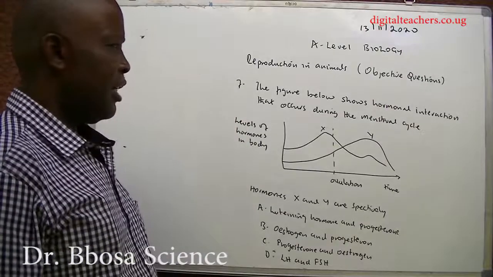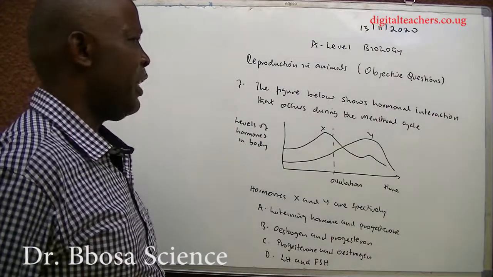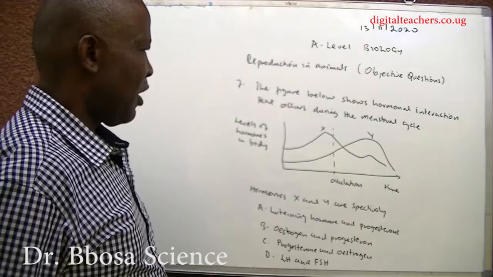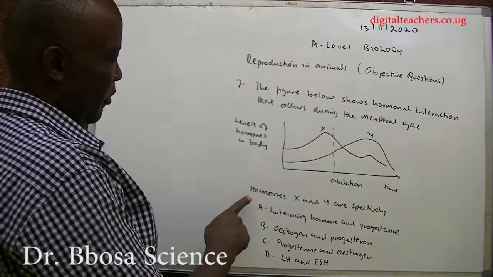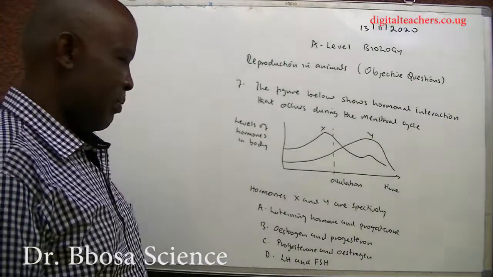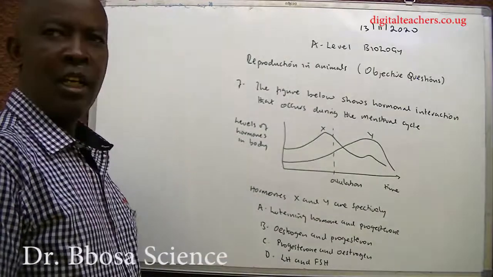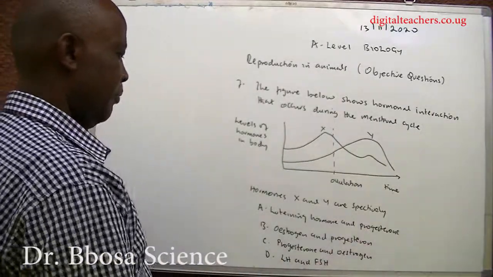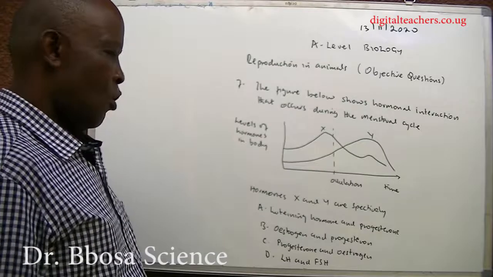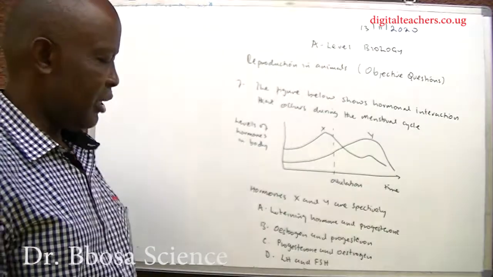Number 7. The figure below shows hormonal interaction that occurs during the menstrual cycle. Hormones X and Y are respectively A. Luteinizing hormone and progesterone. B. Estrogen and progesterone.